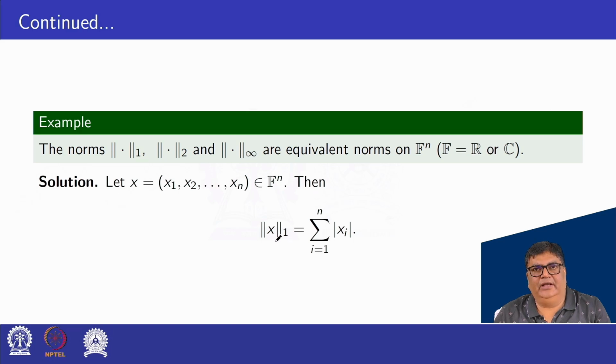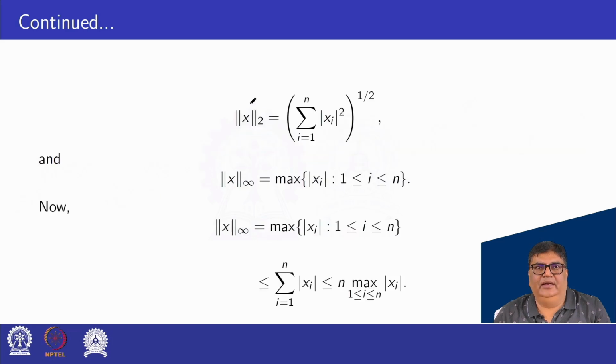Then norm x1 is defined as the summation i equal to 1 to n of mod xi, and norm 2 is defined as summation i equal to 1 to n of mod xi square, whole power 1 by 2. Norm x infinity is defined as the maximum of mod xi where i lies between 1 to n. As per the definition, we have defined here norm 1, 2 and infinity.